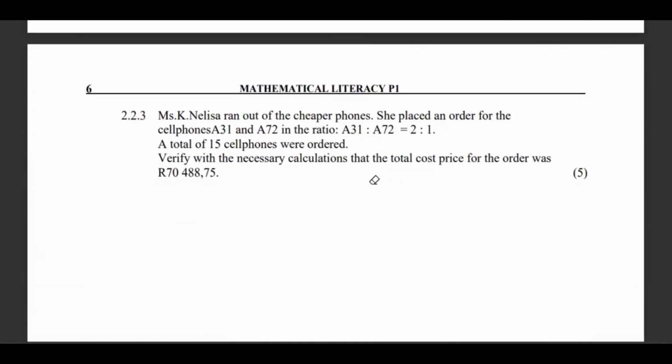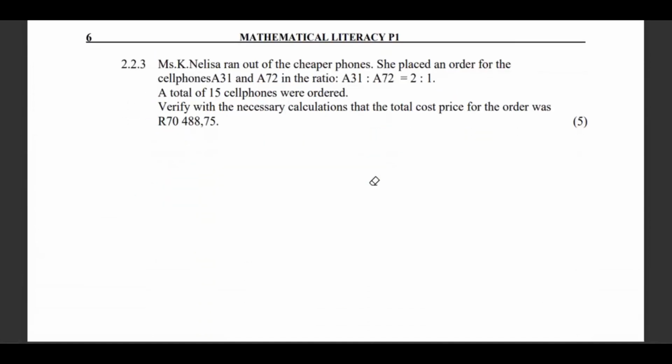Question number 2.2.3. Ms. Kennedy ran out of the cheaper phones. She placed an order for cell phones A31 and A72 in a ratio of 2:1.